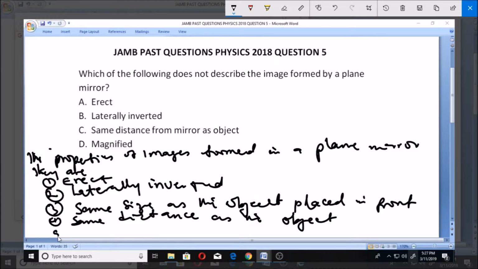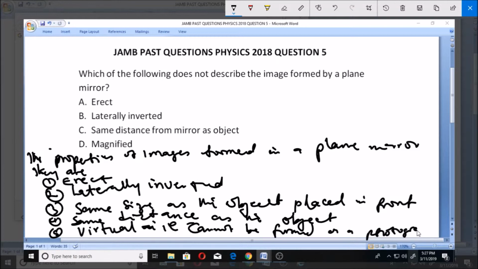And number 5, they are virtual. That is, they cannot be formed on a photographic screen.